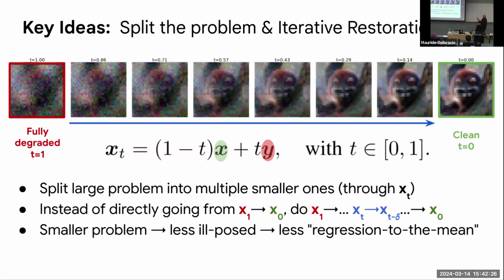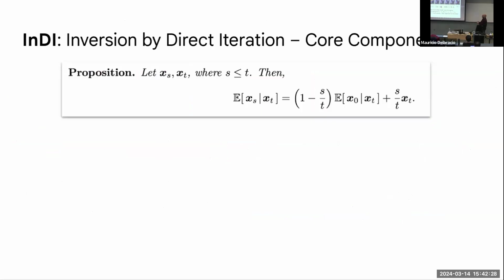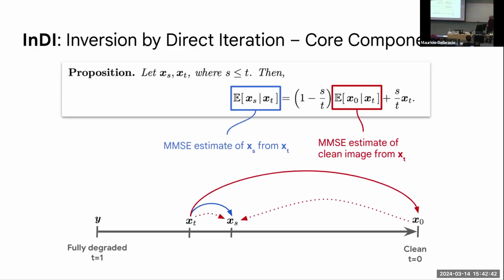But then how do we do this, right? The key part in our formulation is this proposition that looks complicated, but it's very simple. What it says is the following. Imagine that you want to generate an estimate of the image with degradation s, where s is closer to 0, a slightly less degraded image, given that you are at time t.